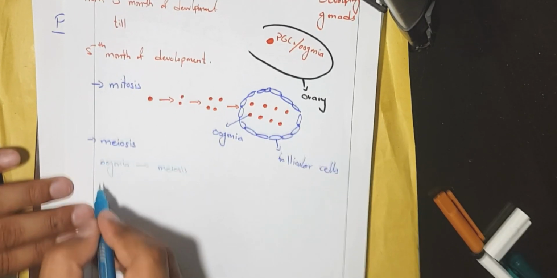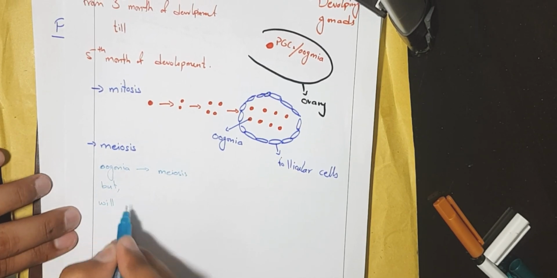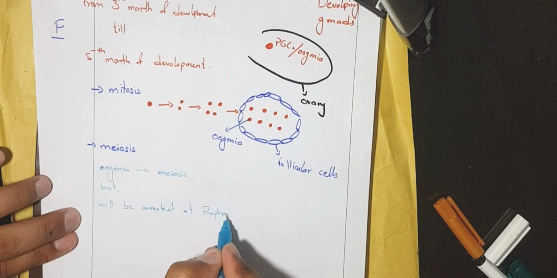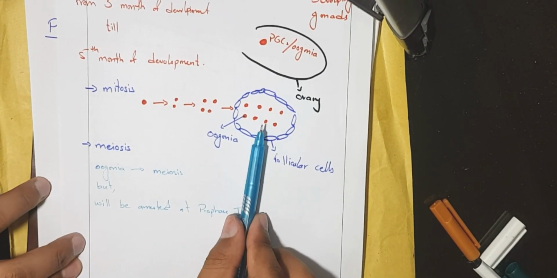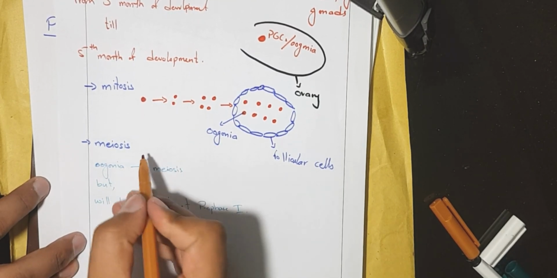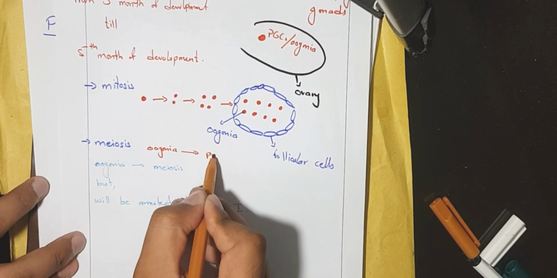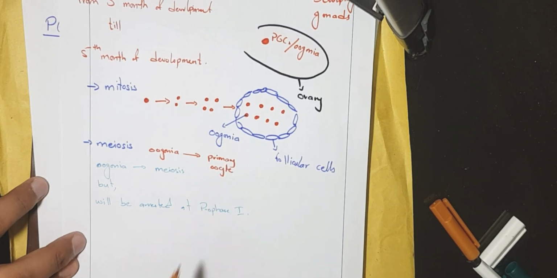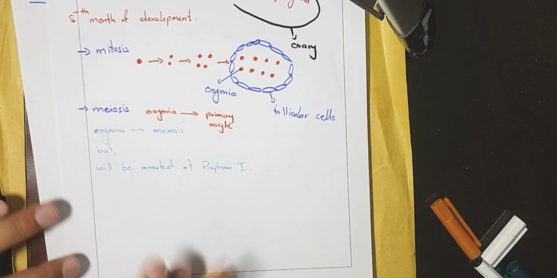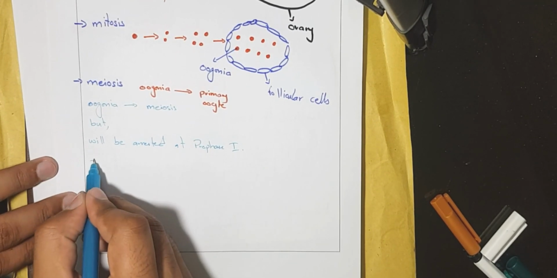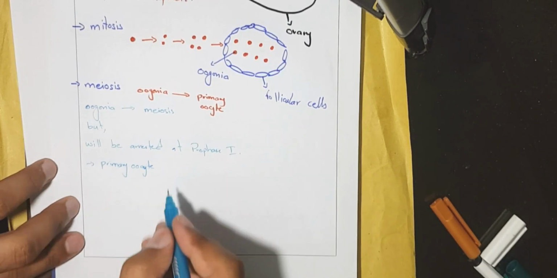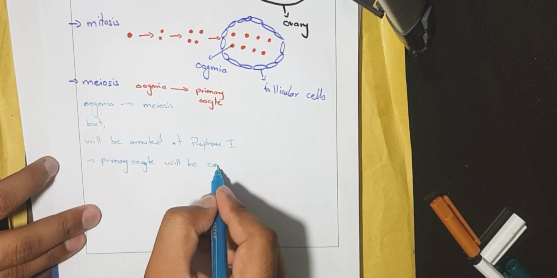Now further, at meiosis, only these oogonia will undergo meiosis, and they will go into meiosis but will be stopped at meiosis 1, prophase 1. Now that they have already started meiosis, these oogonia or primordial germ cells will be called primary oocytes.